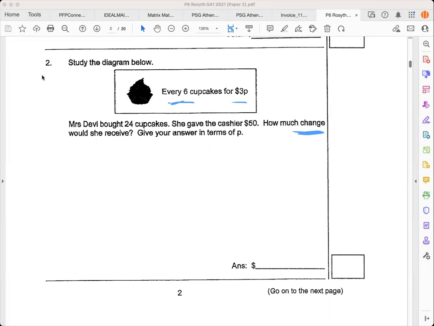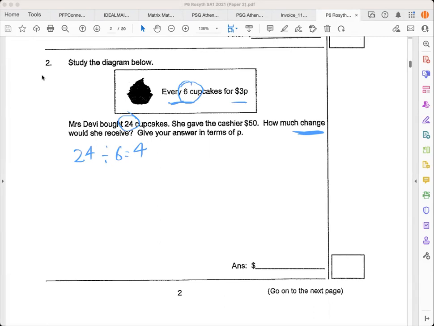So first, let's find out how much 24 cupcakes cost. Now we know that cupcakes are sold in 6. So for 24 cupcakes, how many groups of 6 must Davy purchase? So divide by 6, Davy must purchase 4 groups of 6 in order to have 24 cupcakes.